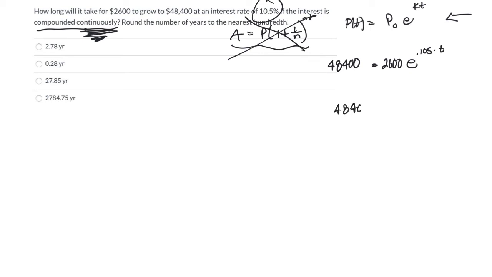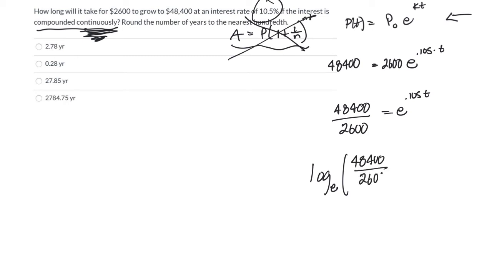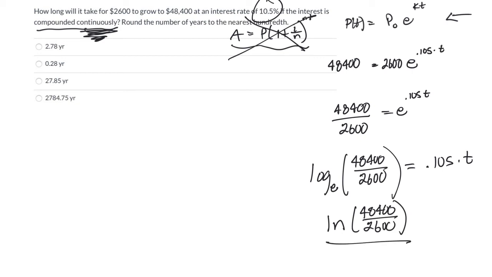So 48,400 divided by 2,600 is equal to e to the 0.105t. Change to log form, so it'll be log base e of 48,400 over 2,600 is equal to 0.105 times t. Log base e is the same as ln, so ln of 48,400 over 2,600 divided by 0.105 is equal to t.